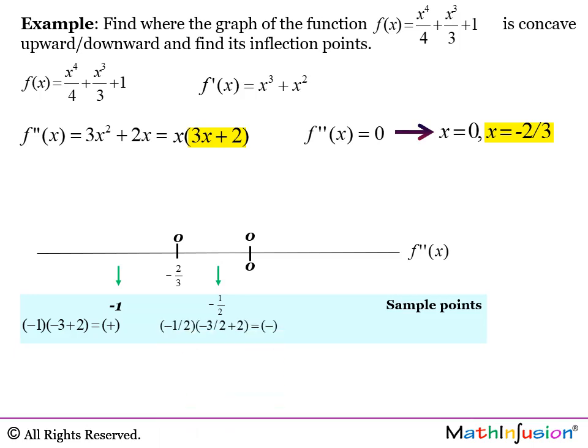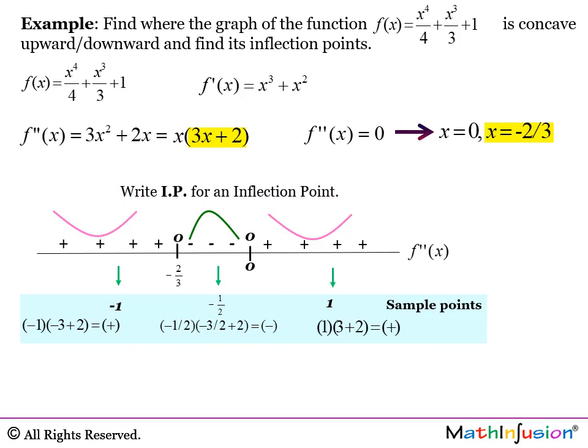And here we'll get negative. And then we will substitute 1 in the second derivative and we will get a positive number. This is a plus, it is concave up. This is a minus, it's concave down. This is a plus, concave up. We can see two times at which the function is changing its concavity. This is one of the inflection points, and this is the other.